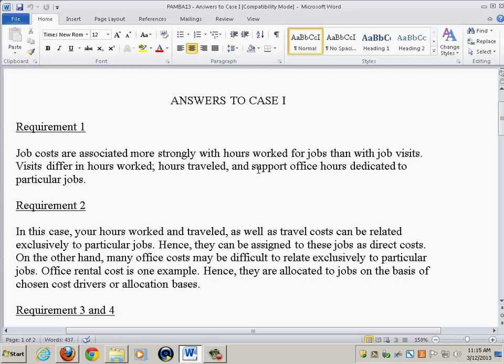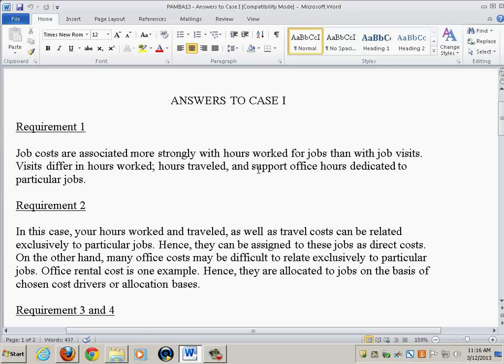Those that are exclusive are direct, those that are not exclusive are indirect. So it's tricky here. Let's start with the inputs and then we'll talk about the cost of those inputs.